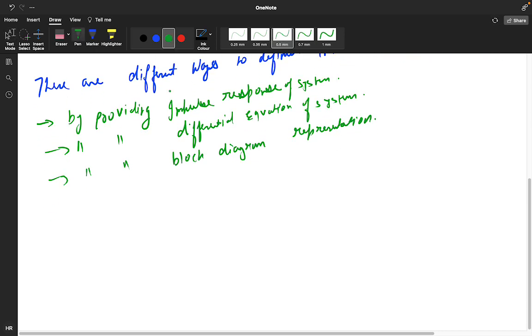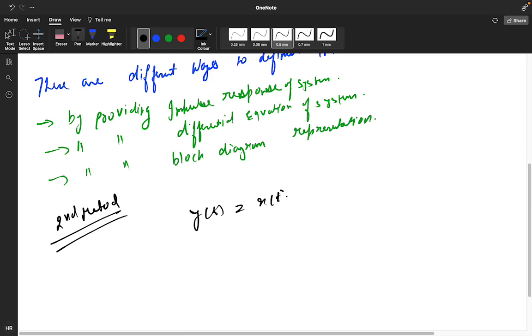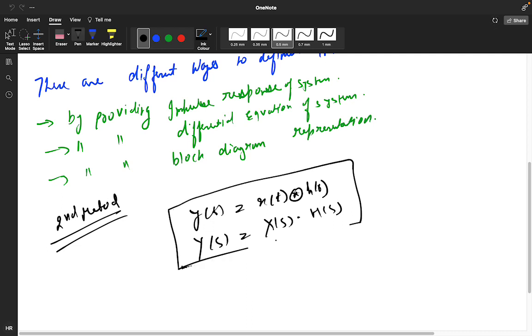And you can write the second method. The second method is nothing but y of t can be written as x of t convoluted with h of t, and you can write it like this: y of s is equal to x of s into h of s. Okay, guys, I hope you remember h of s is your transfer function.